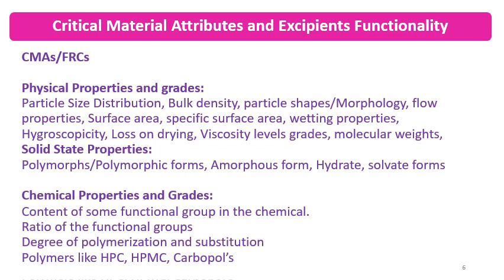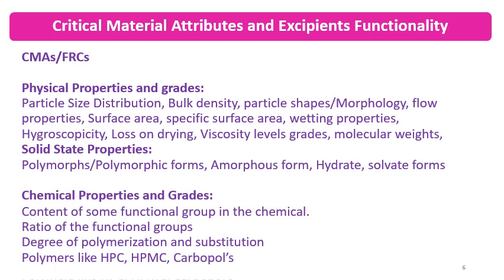Then solid state properties. These are the polymorphic properties. These include polymorphs, polymorphic forms, amorphous form, hydrate form, solvate form and salt form for the APIs. So these differ by their solid state properties. These are the CMAs and the FRCs. Then chemical properties and grades.